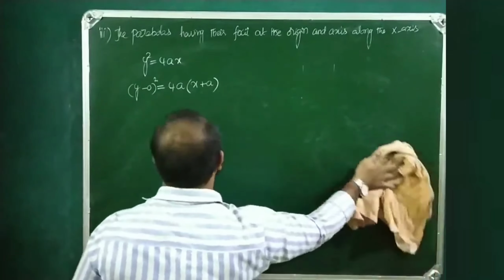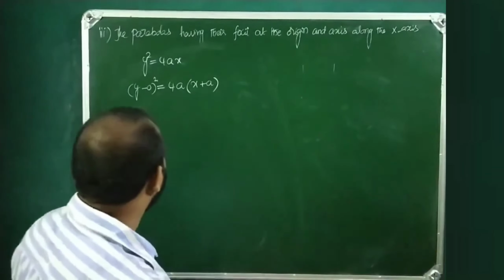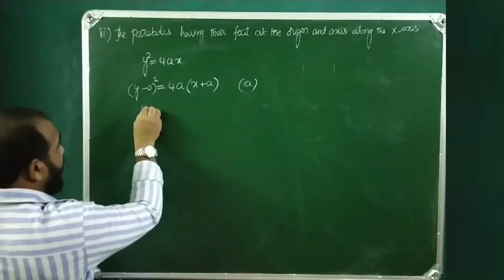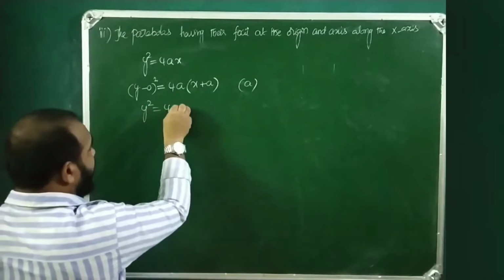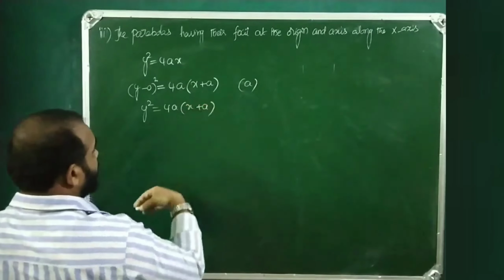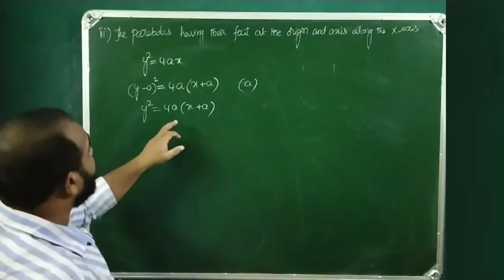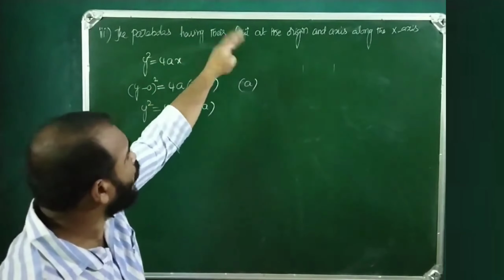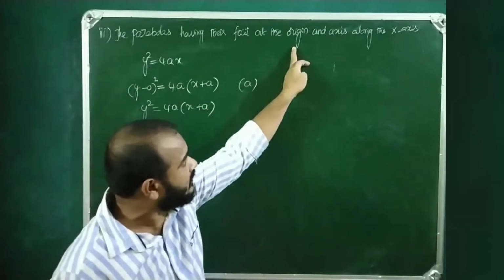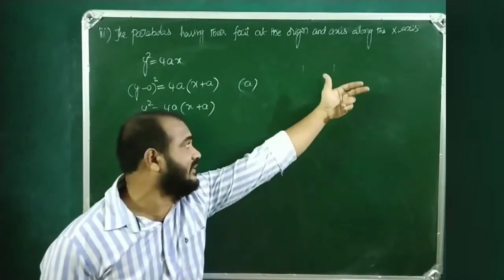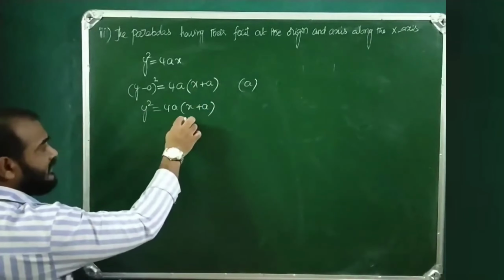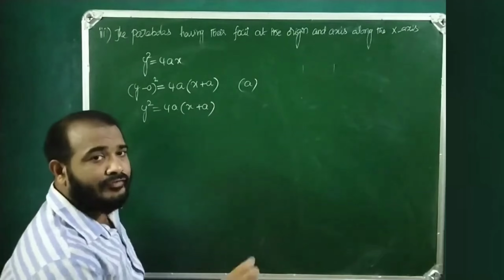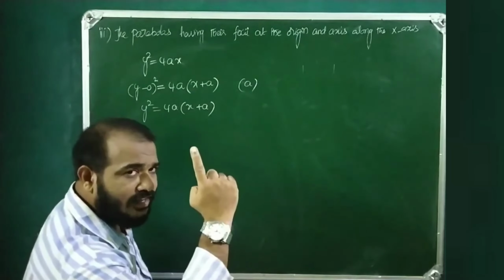Since it contains only one constant, which is a, y square equals 4a into x plus a is the given equation of the family of all parabolas whose foci are at the origin and axis along the x-axis. Since it has only one arbitrary constant, we need to differentiate it only once.